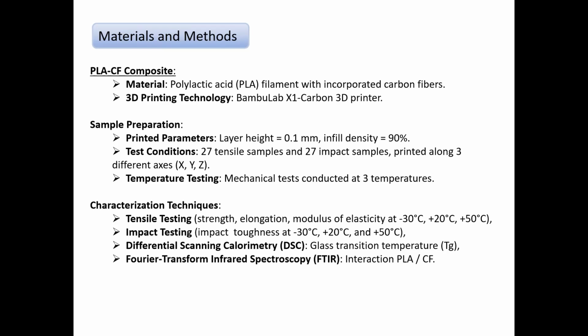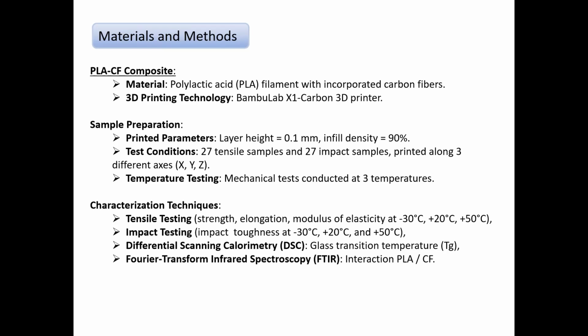In test conditions, we made 27 tensile samples and 27 impact samples. We measured with three testing temperatures: minus 30 degrees, plus 20 degrees to simulate room temperature, and the higher temperature of plus 50 degrees.